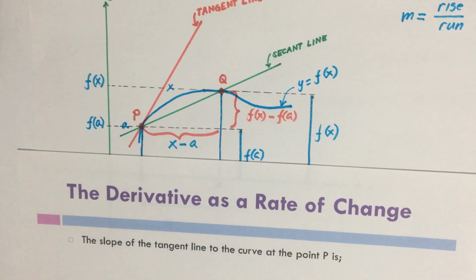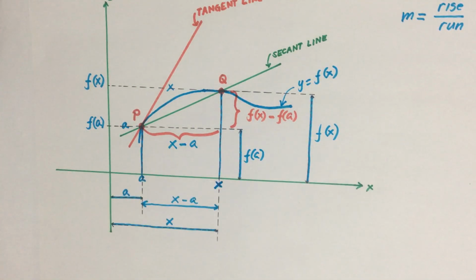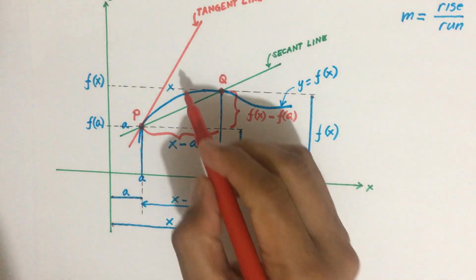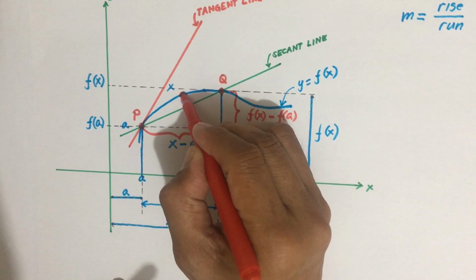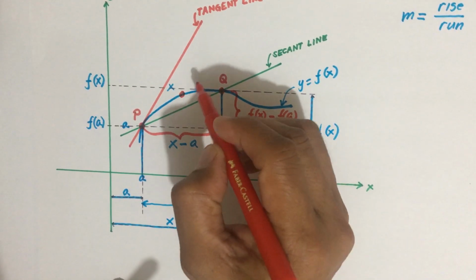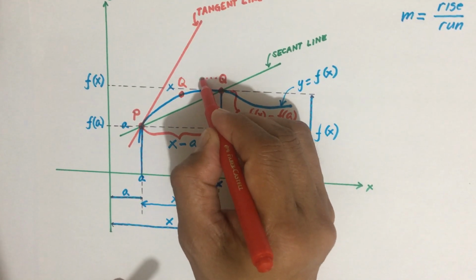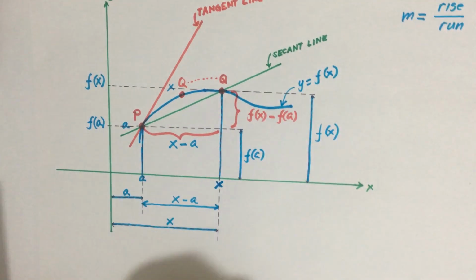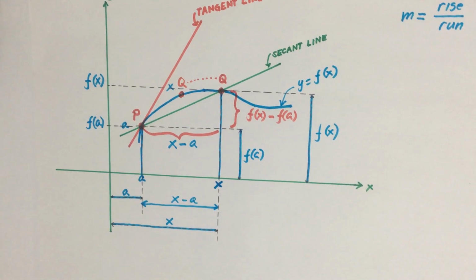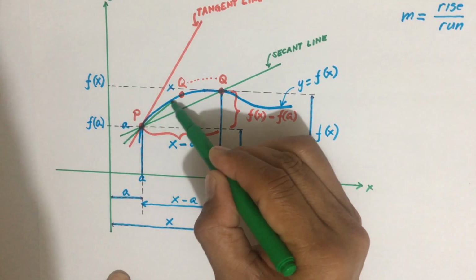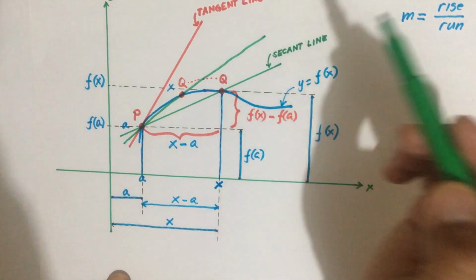Okay, so from our graph, we can say that as you move this point Q, assuming that point Q is here, that is now the new position of our Q. So we have now the secant line. This is now the new position of our secant line.